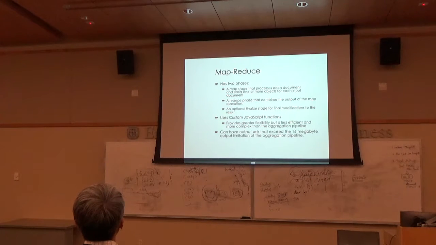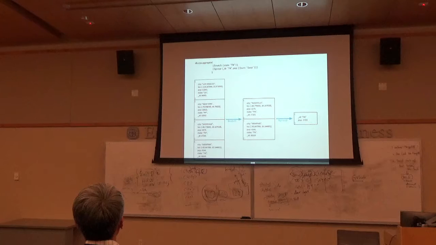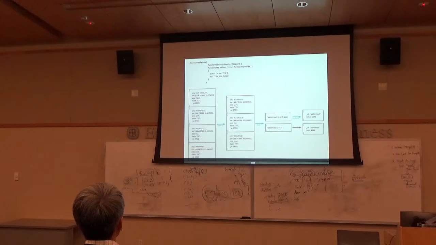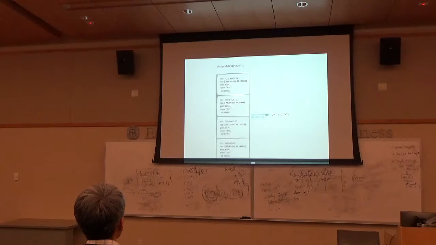Also, it supports MapReduce, the mapper and the reducer, like this one. Okay, match and group. So here emit is the function, then we can query the summation, the output. So it actually supports MapReduce.